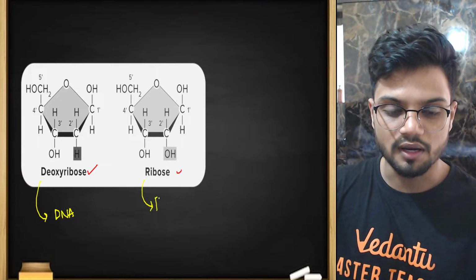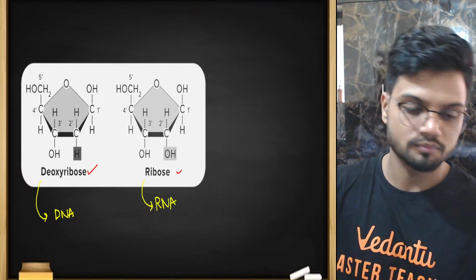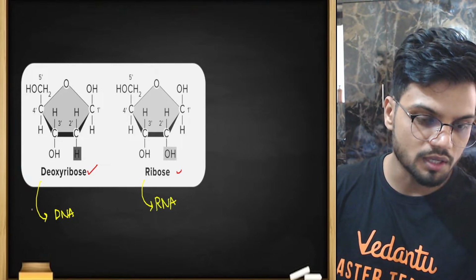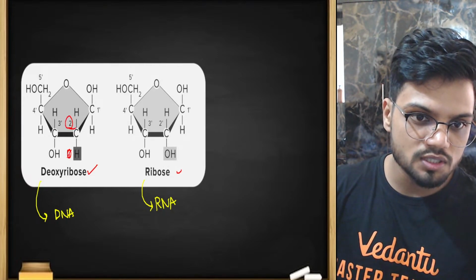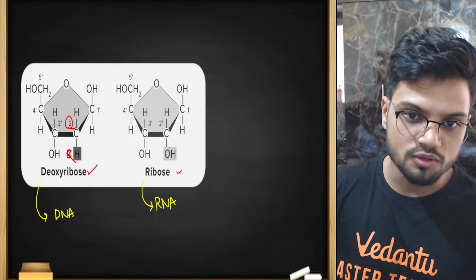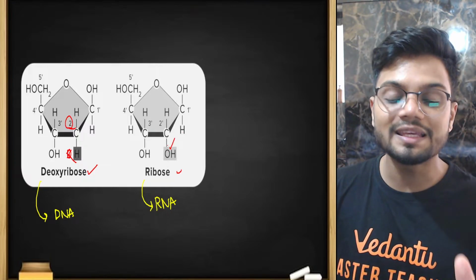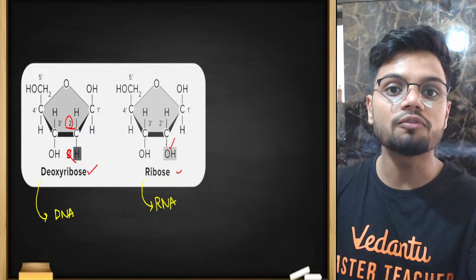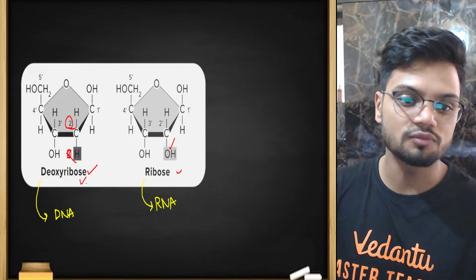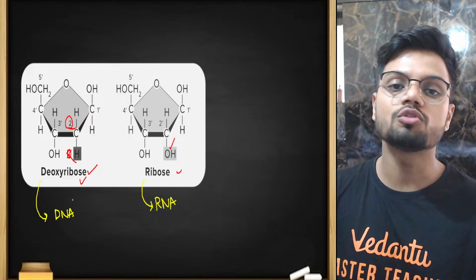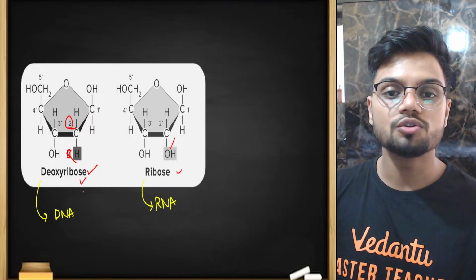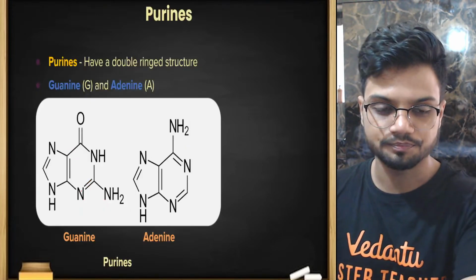Ribose is found in RNA. If you look at the structure of deoxyribose, at the second carbon one oxygen is missing, while oxygen is present in ribose. Any one of those sugars can be found in the nucleotide.